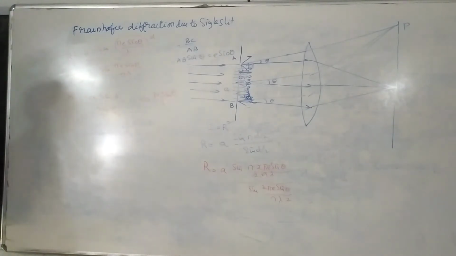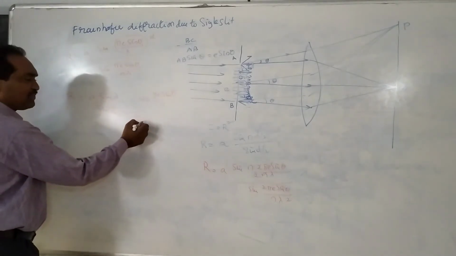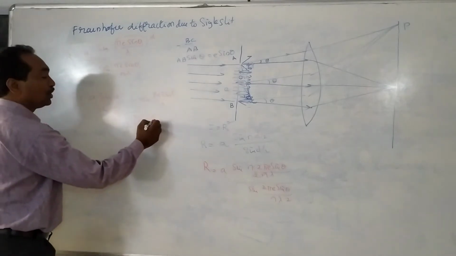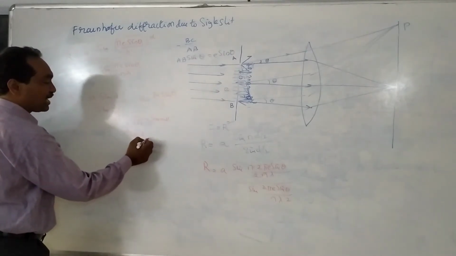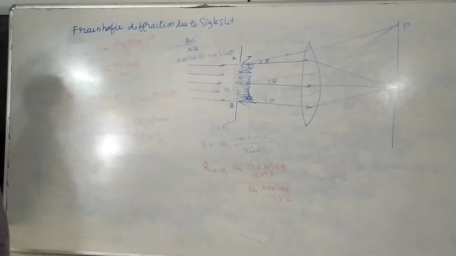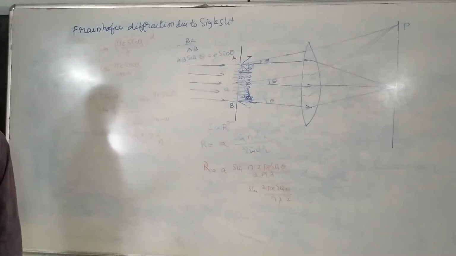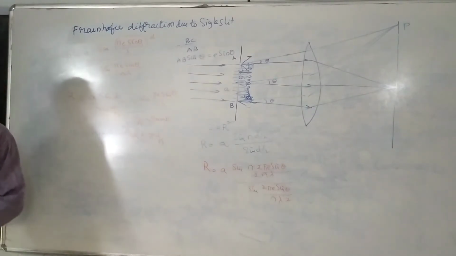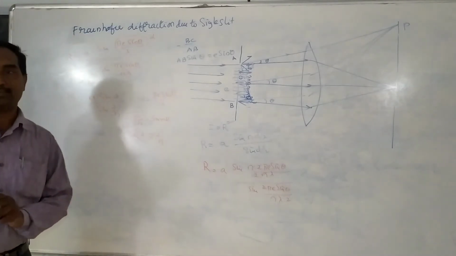Am I right? Now, of course, if alpha is very small, alpha by n is very small. If alpha by n is very small, sin alpha by n can be written as nearly equal to alpha by n. We have discussed many times that if theta is very small, sin theta is nearly equal to theta, and tan theta is nearly equal to theta.